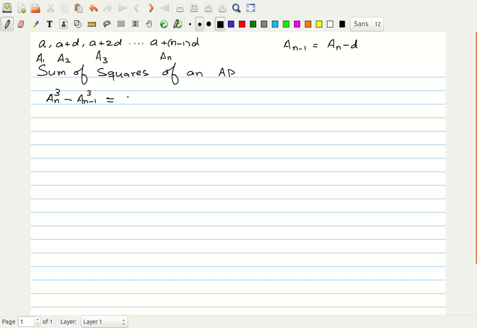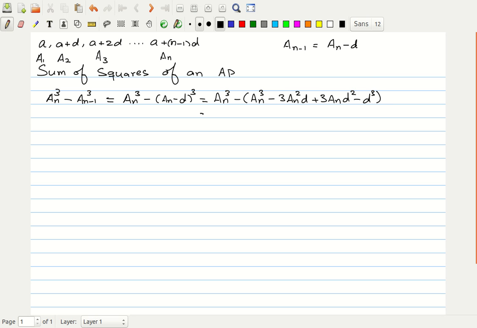So this means that this can be written as an cube minus (an minus d) cube, and this can be written as an cube minus (an cube minus 3 an square d plus 3 an d square minus d cube).